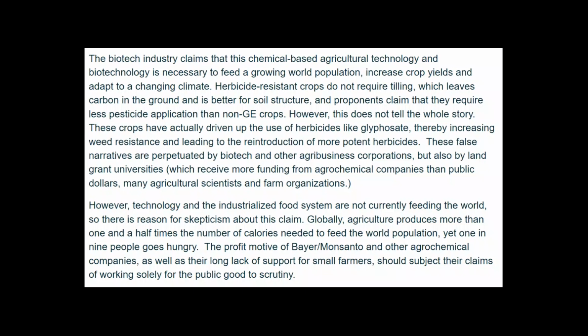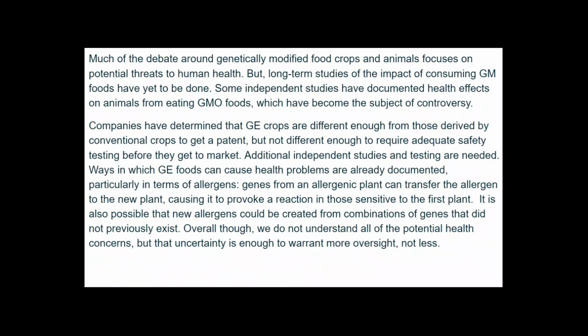The profit motive of Bayer, Monsanto, and other agrochemical companies, as well as the lack of support for small farmers, should subject their claims of working solely for public good to scrutiny. Well, there are many ways you can really be worried about Monsanto. Their goals tend to be profit motivated rather than for the welfare of people.